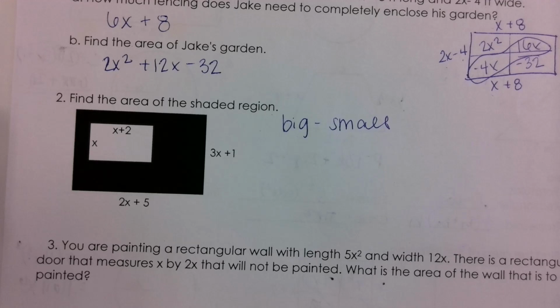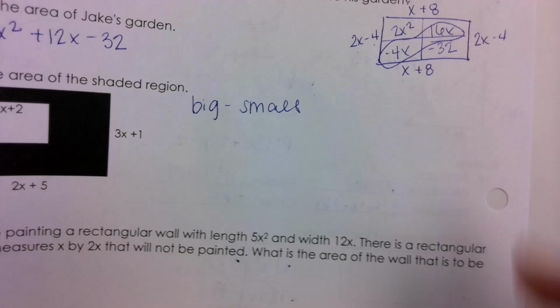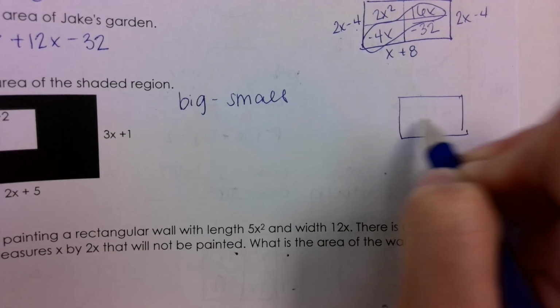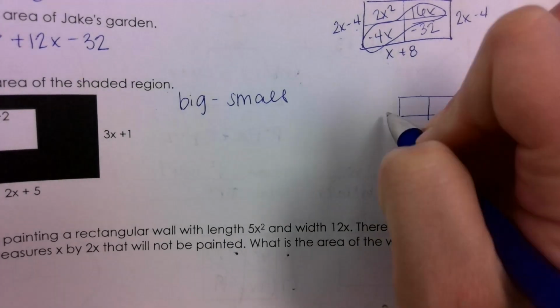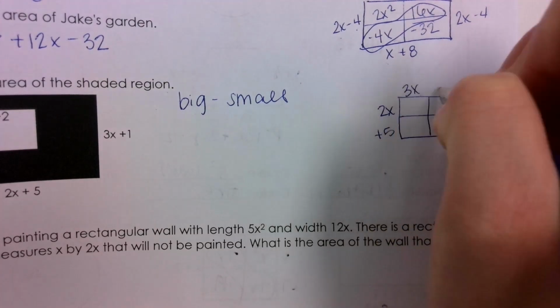So how are we going to find the area of the big rectangle? The box. So I'm going to come over here and do that. We've got 2x plus 5, 3x plus 1.